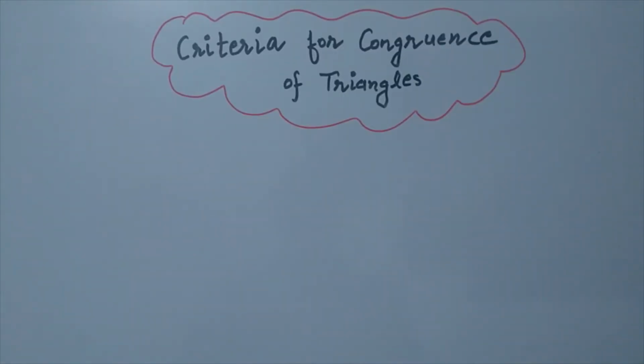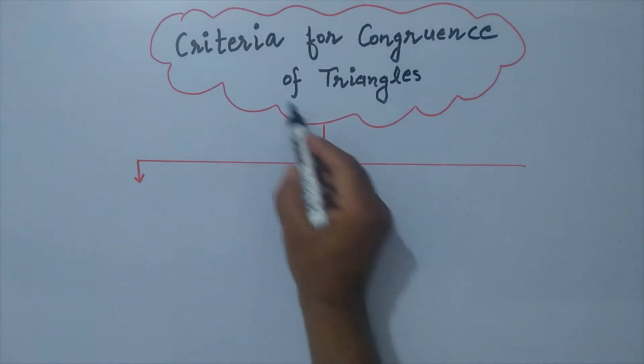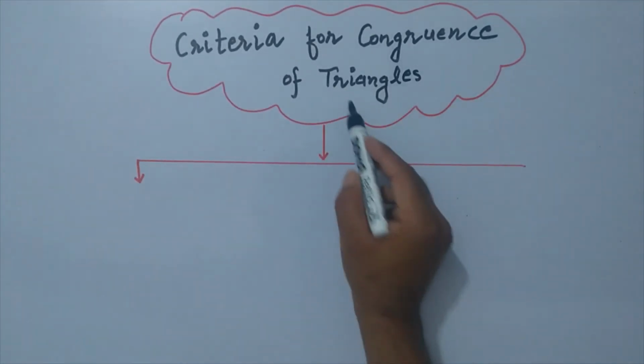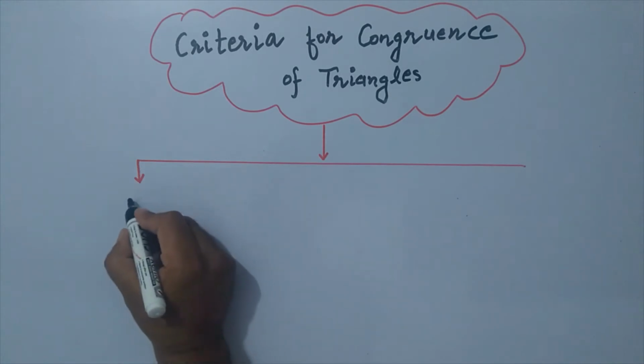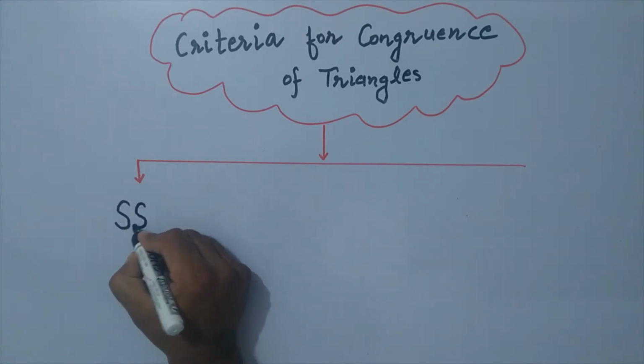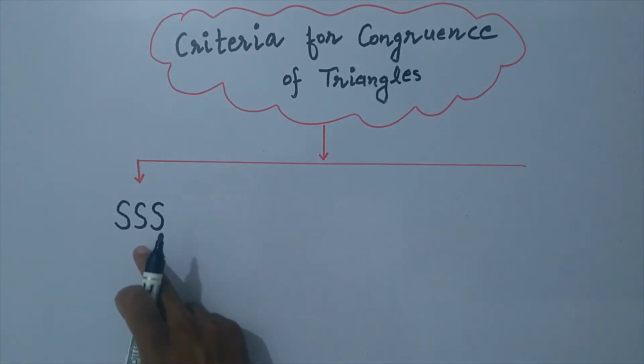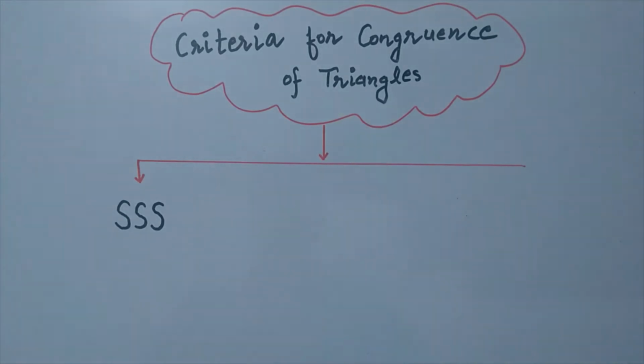Now we shall discuss the criteria for congruence of triangles. The very first criterion for congruence of triangles is SSS. SSS criteria for congruence of triangles.